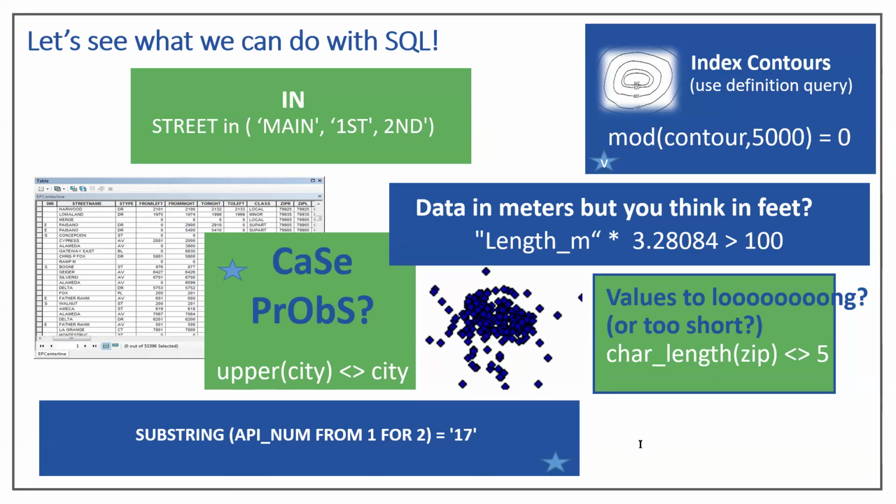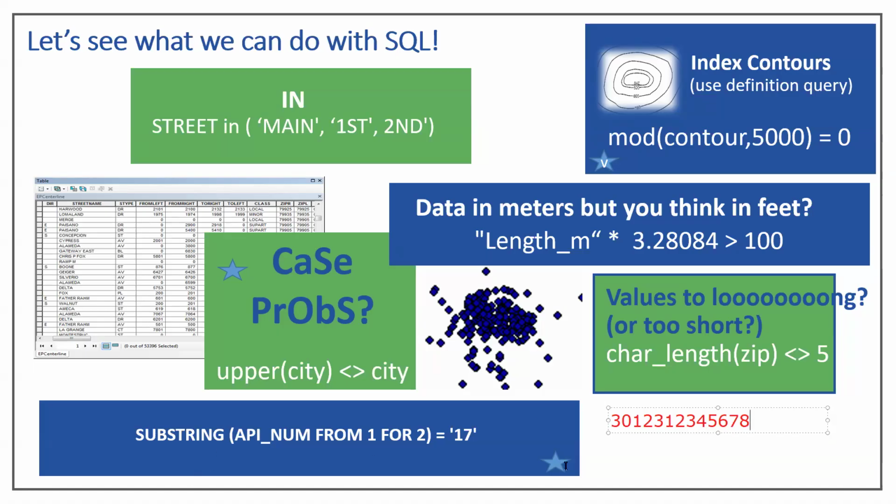I work a lot in the energy industry in Houston, and for oil and gas wells, they have an American Petroleum Institute number, and they look like this. The first two digits tell you what state the well is in, Texas, Louisiana, Colorado, and then the next three tell you what county the well is in. And then there's some digits on the rest that just are a unique identifier.